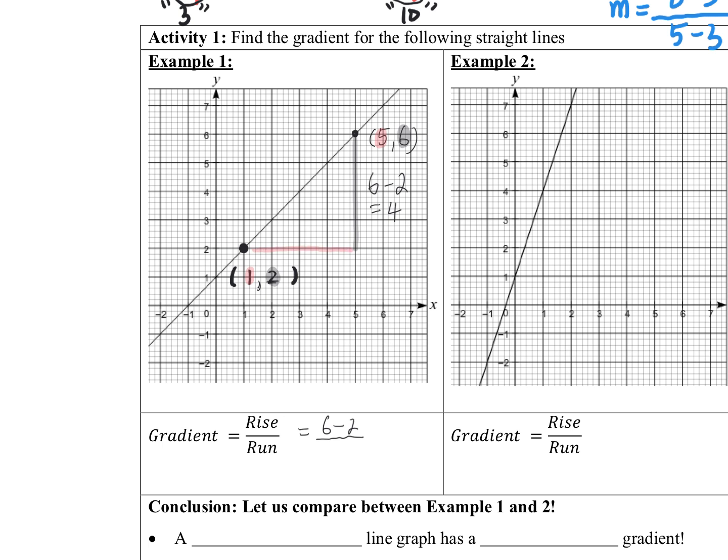So you use 5 minus 1. So in the end, you will get gradient equals to 1. So this is how you calculate gradient. So always use the y2 minus the y1, and then the x2 minus the x1. Okay, go in this order.